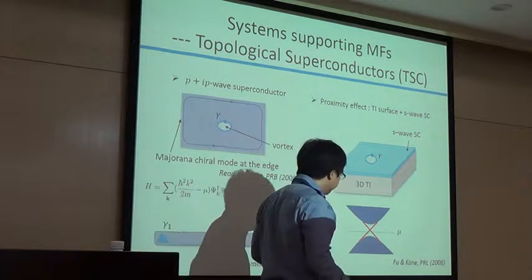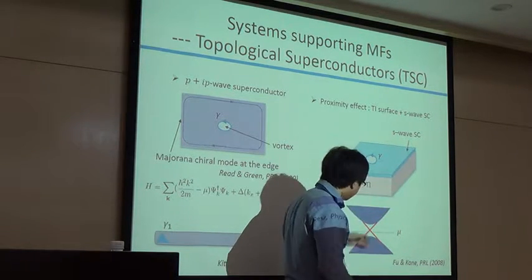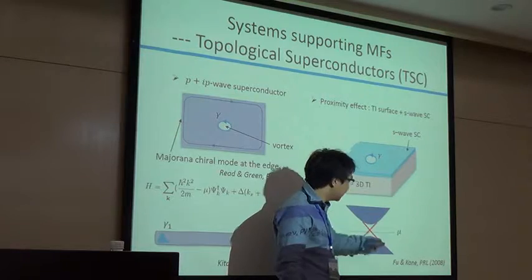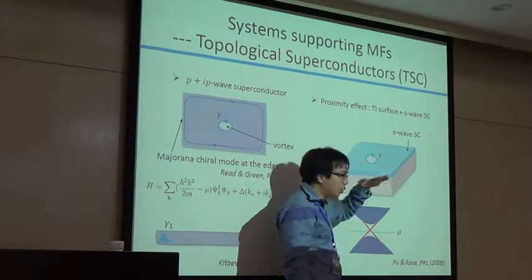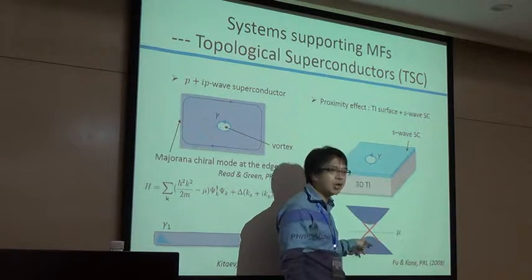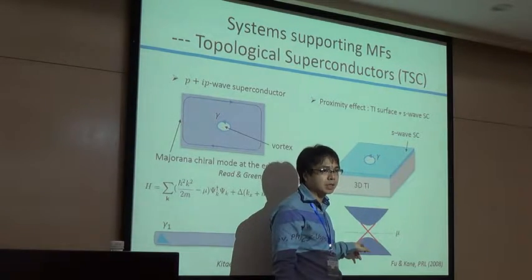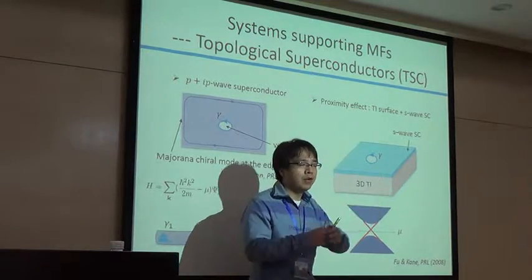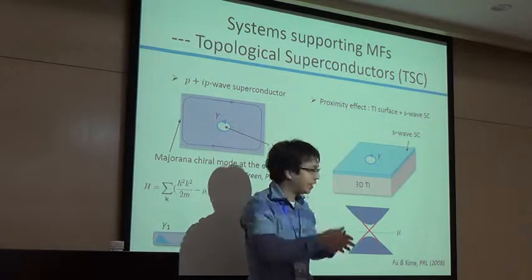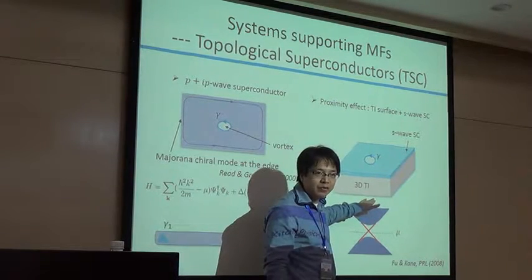But what is very interesting is that there are two important things about this topological insulator. First, on a single surface, these states are not degenerate. It's non-degenerate. You have a completely degenerate partner at the other side of the surface.